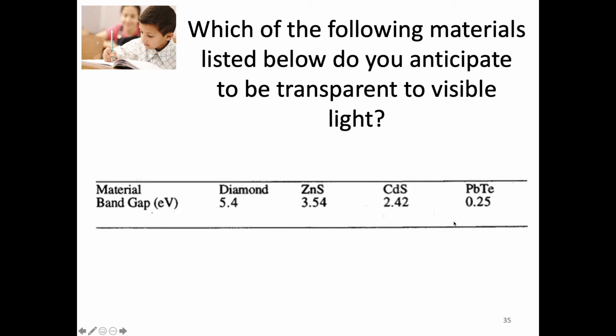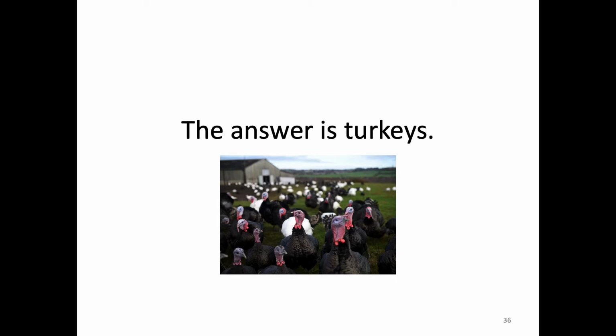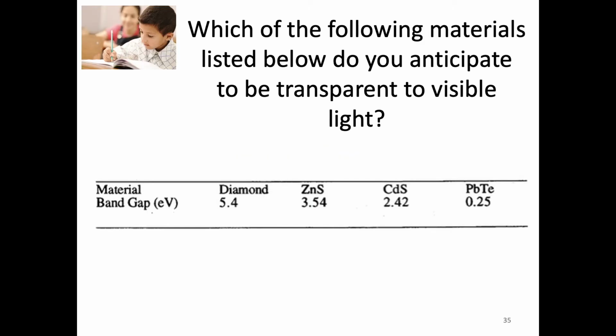All right, so we're back here, and I've given you this sort of trick here so the answer is not directly on the slides, but let's talk through this. We're asking if it's transparent to visible light, so we can look up information about visible light. The other information is about the material, and we're given the band gap for each of these materials.